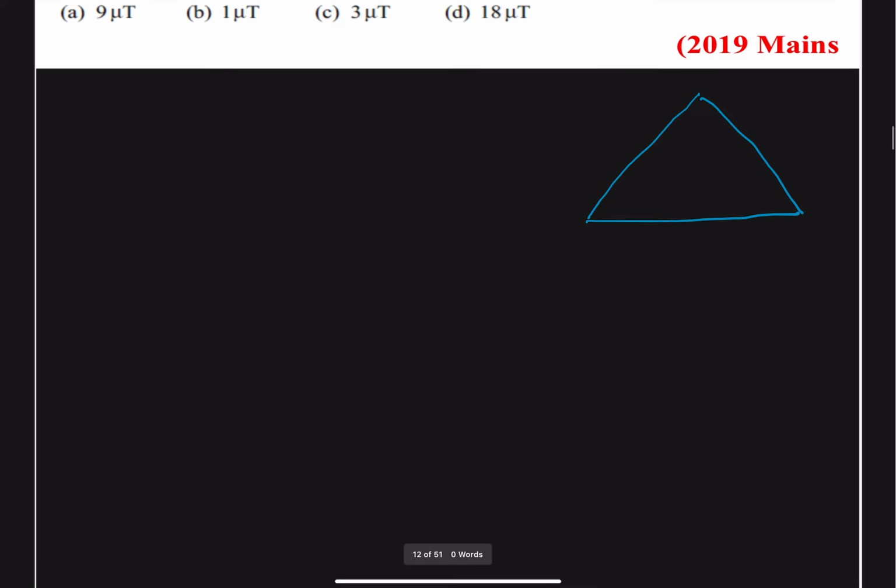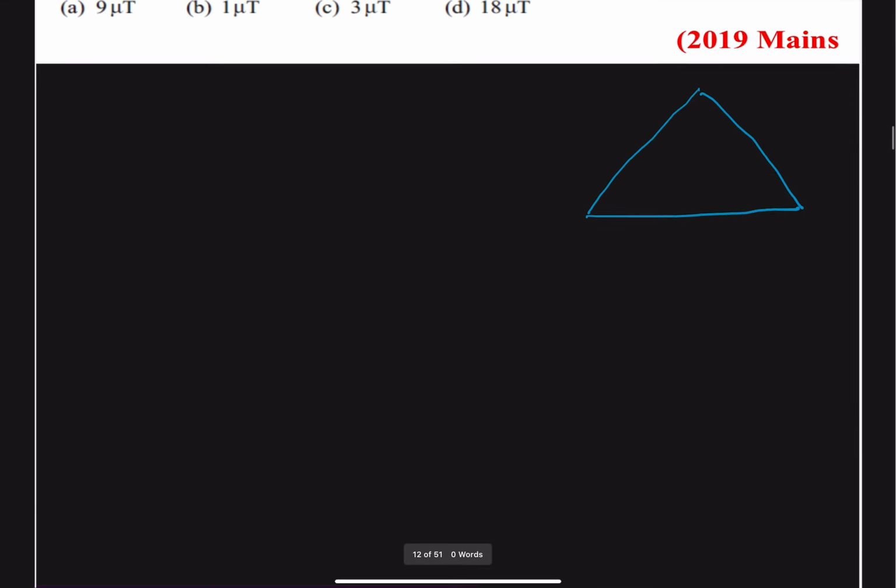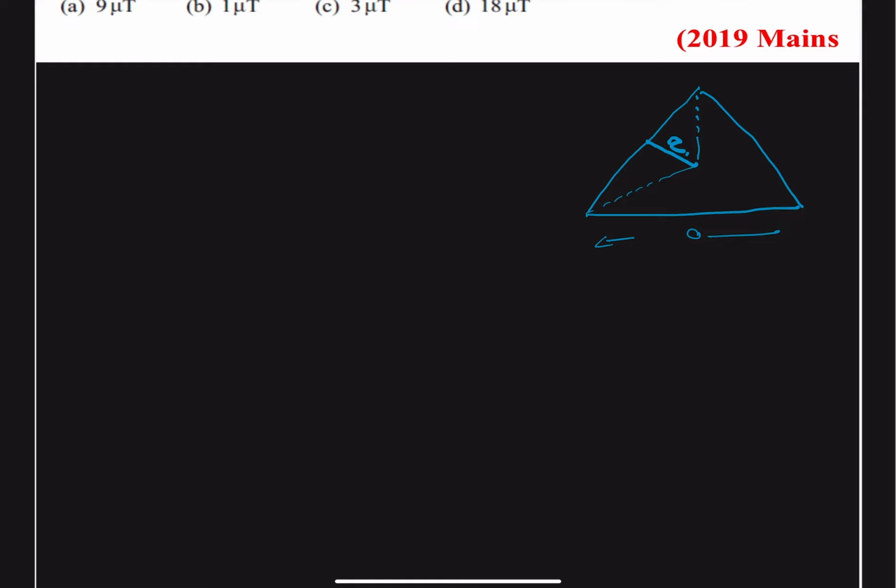So this is our equilateral triangle, and if we consider that it is having side A and this is the center, so let us join these two vertices, and the perpendicular from this wire, let us suppose that is given as R, and current is flowing in this direction throughout the triangle.